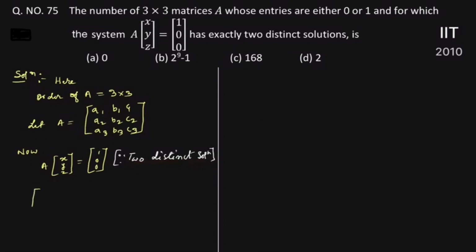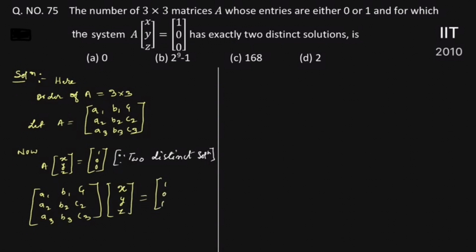Now we take the value of A multiplied with x, y and z, equal to 1, 0, 0.